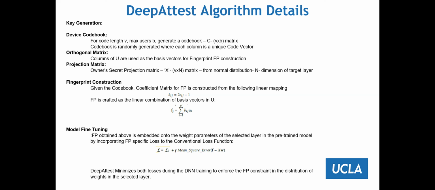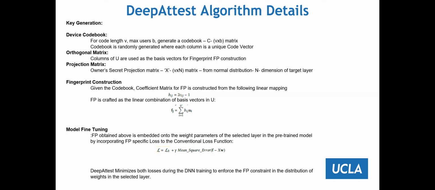In general, the loss of a model would be given by the first term alone in the last expression in the slide, which is L0. But what we do here is add an additional term which has this embedded fingerprint in it. It's weighted by this gamma, and together with the conventional loss, both losses are incorporated into the model's training parameters.